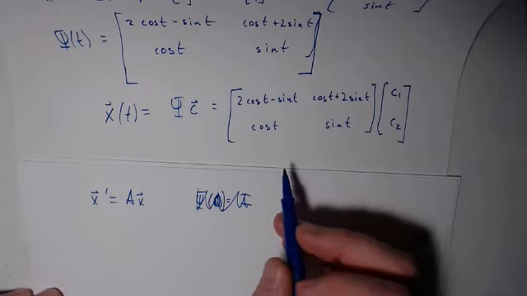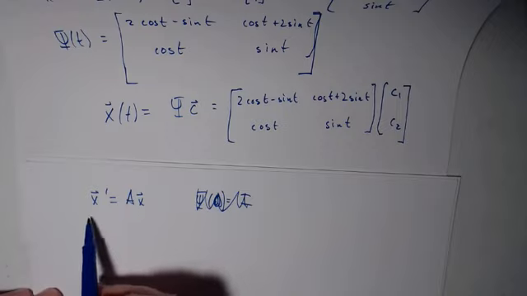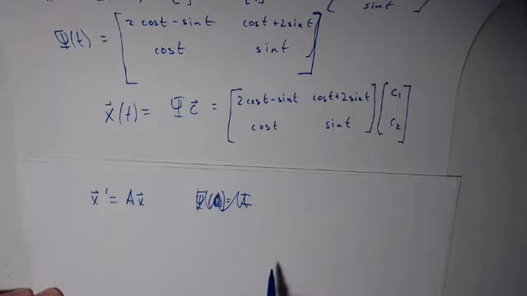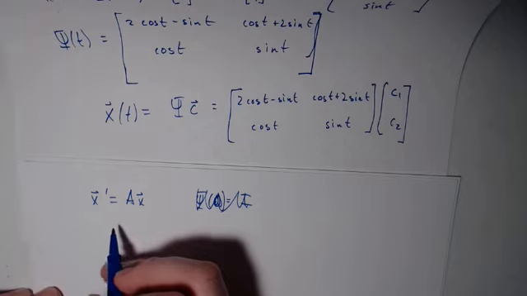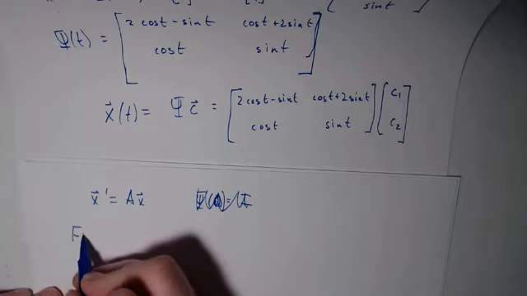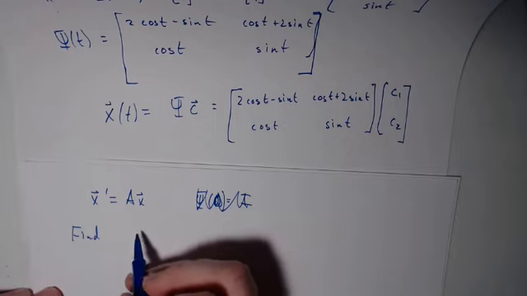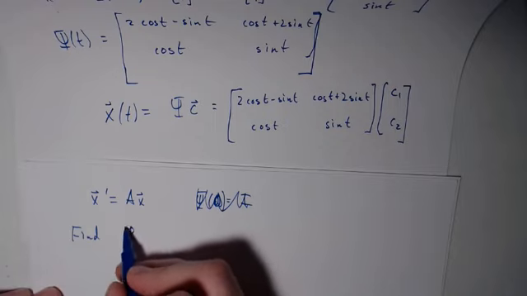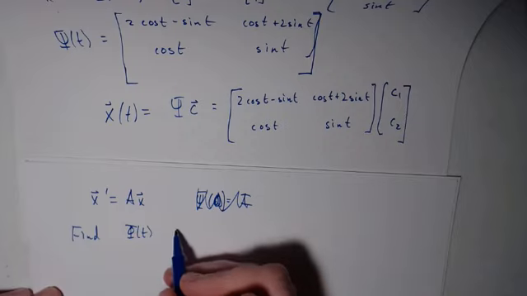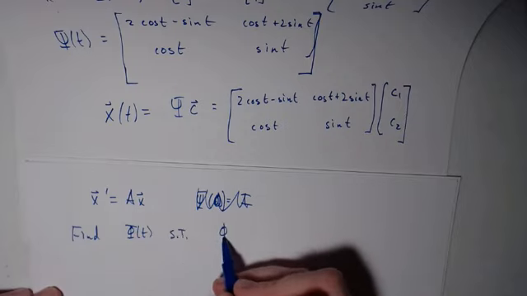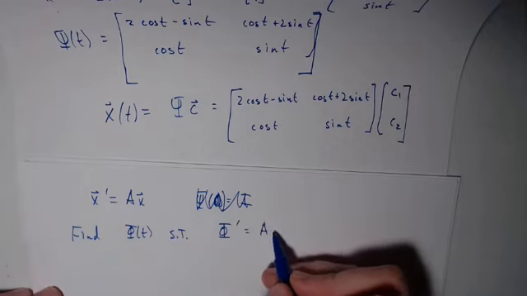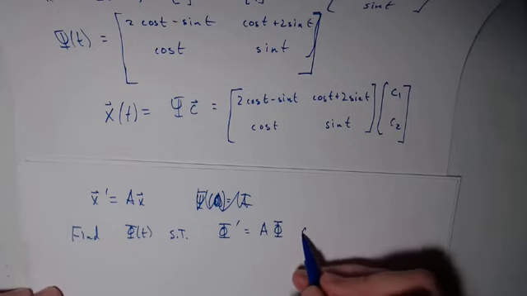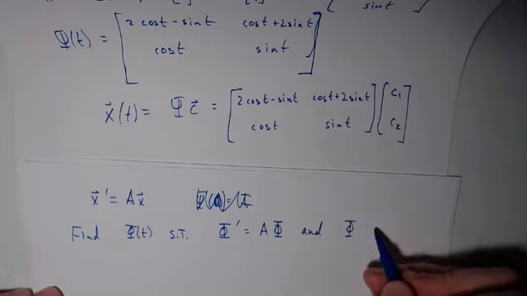Psi of t times c is the general solution for our vectors, but if we want to find the particular one, let's say we want to come up with another, how about phi of t, such that phi prime equals A times phi, and there's our initial value problem.